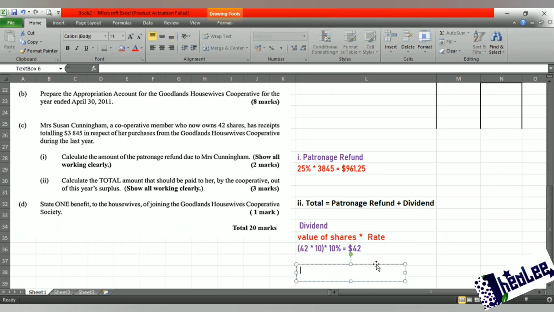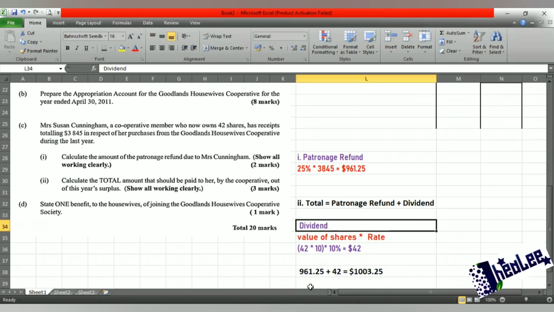That is the patronage refund of $961.25 plus that $42 for the dividend, and that gives us a total of $1,003.25. So this is the value of what Mrs. Susan Cunningham should receive from the business.